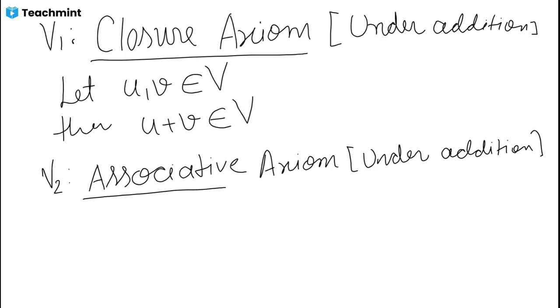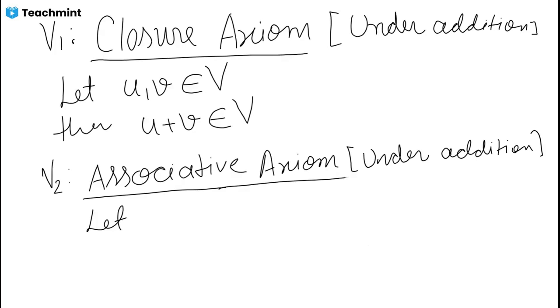Here we will take three elements, and in some books they use the word associativity instead of associative axiom.